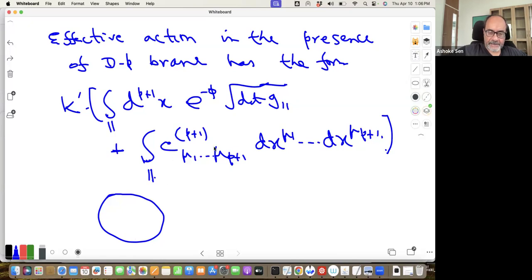But this is just telling you that locally it carries charge, the charge density. Even if you have a spherical brane, which has no overall charge, if we just identify this piece of it, near this it acts as a source of the Ramond p plus 1 form field, and it will produce a Ramond p plus 1 form field in the vicinity of this.